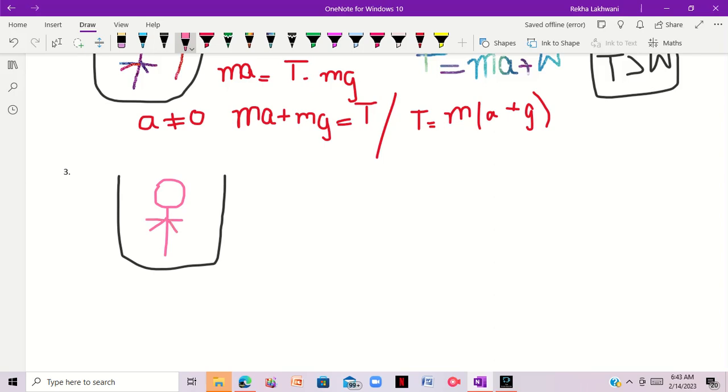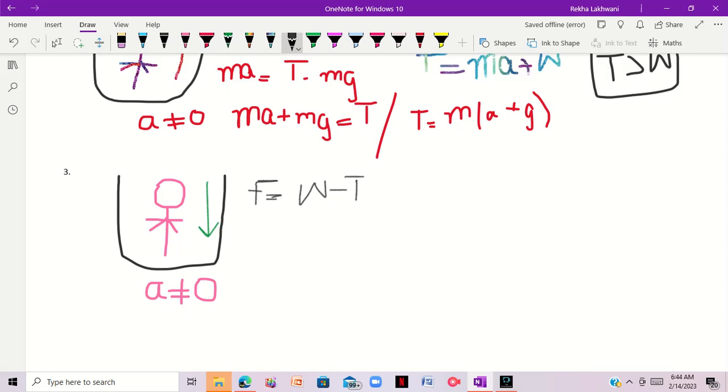This is a man, and the acceleration is not equal to 0, and the body is moving downward. It means the real weight is greater than the apparent weight because the body is moving downward. So we can write here F is equal to weight minus tension, right?